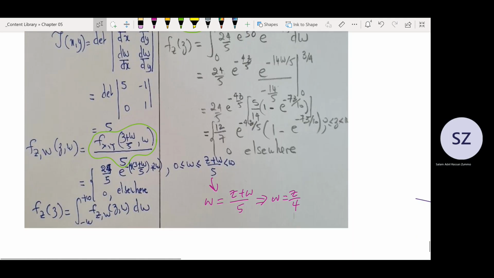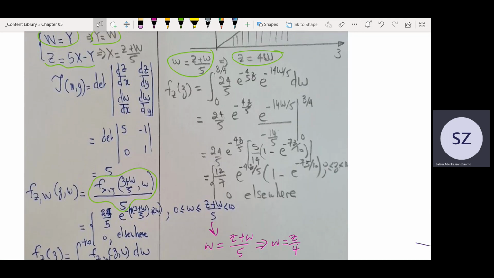Okay, so now we know where we got this, we find the W value until which the integration should stop. So we integrate from 0 to Z over 4, of the PDF after opening this up.